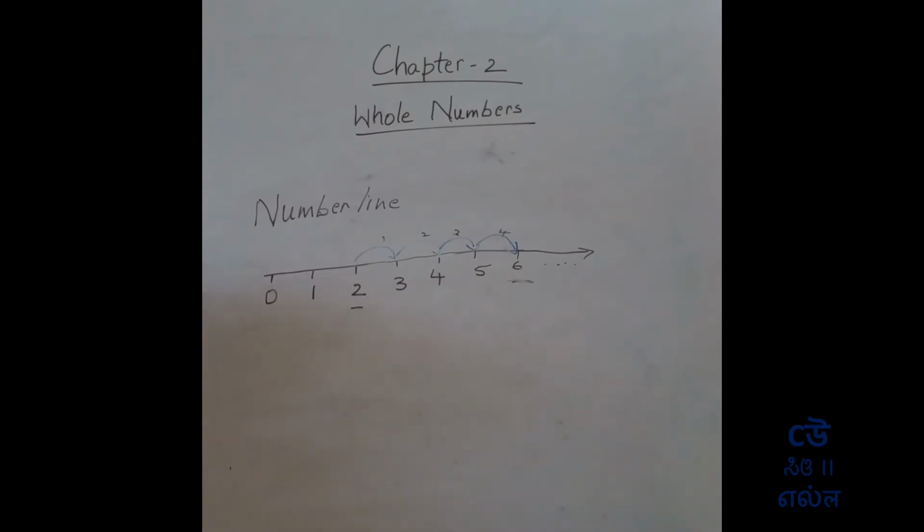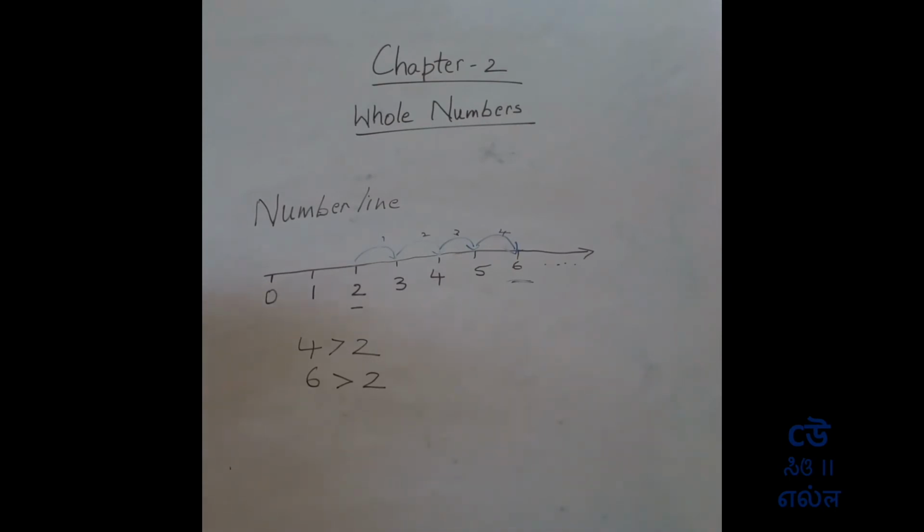So if we take 4, 4 is greater than 2, right, children? If we take 6, 6 is greater than 2. This is an example. So what can we tell?